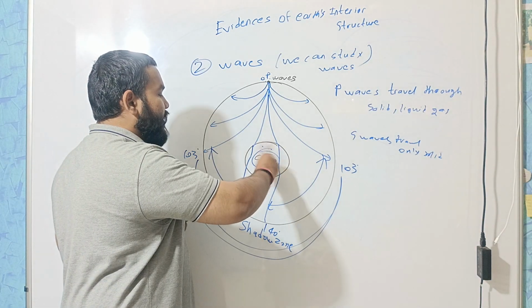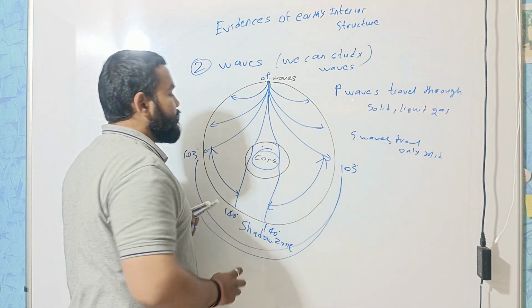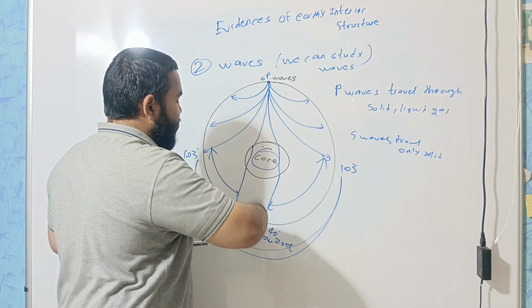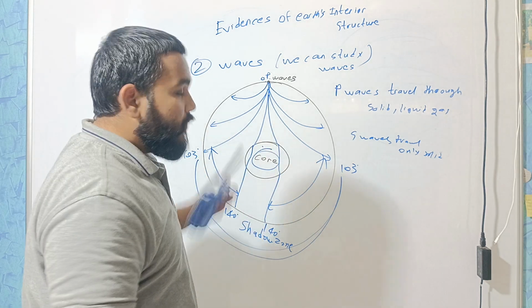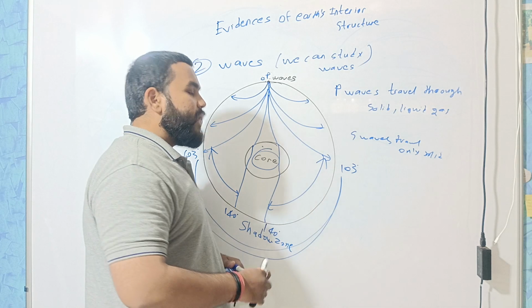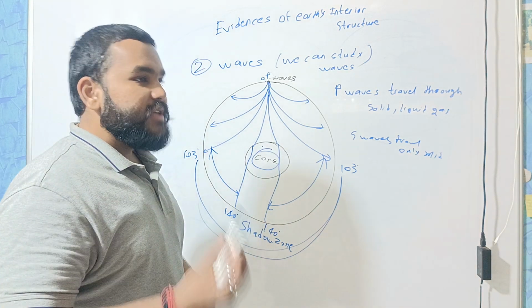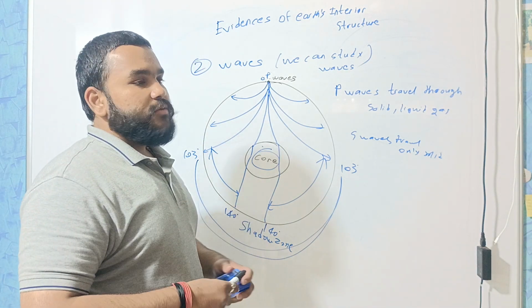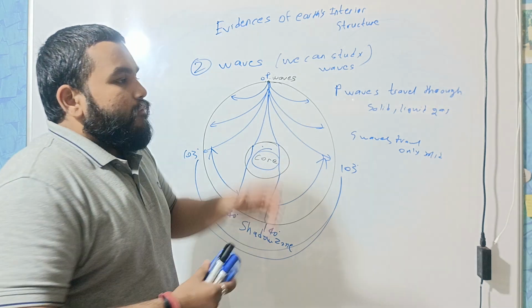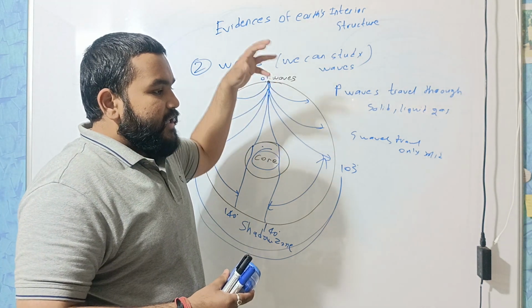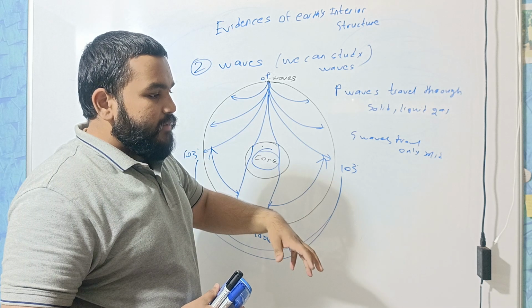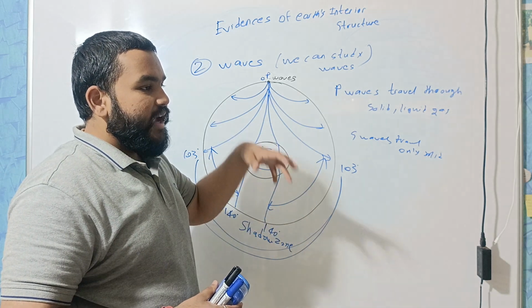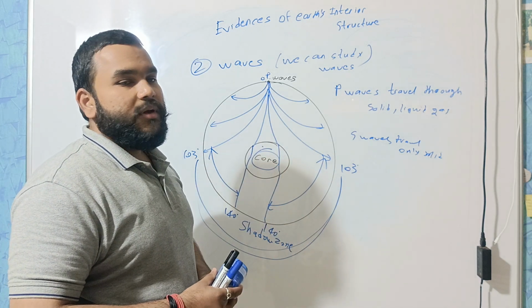inside the core there is a liquid and inside that there is a solid, because of the refraction of these light waves, or sound waves, sorry, because light and sound waves both have the same properties. They follow the same Snell's law. So what is Snell's law? When light travels from a denser medium to a lighter medium, it changes its direction and speed also.